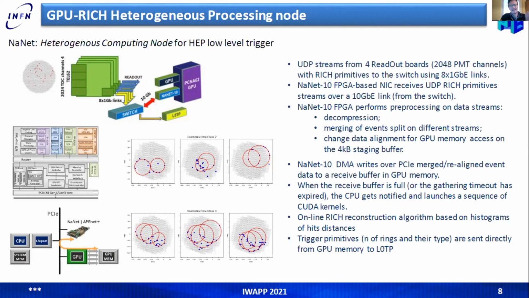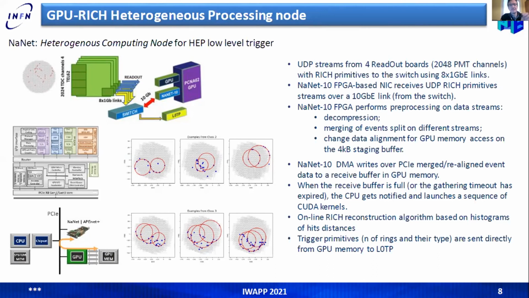These data, that are the hits on the photomultipliers of the detector, are processed by the GPU with a deterministic algorithm based on histograms of the distances of these hits, and so we can reconstruct the rings of the detector.